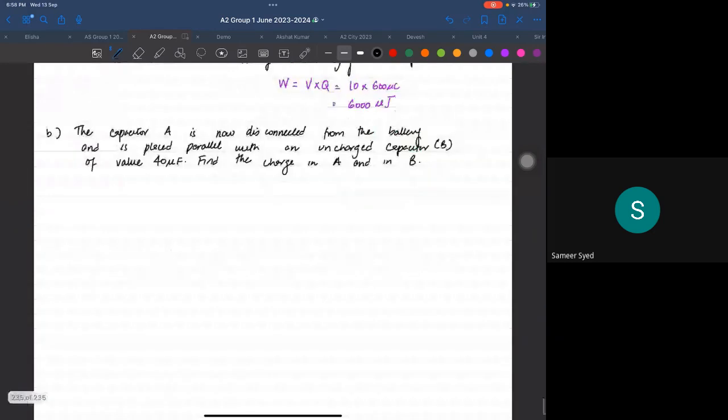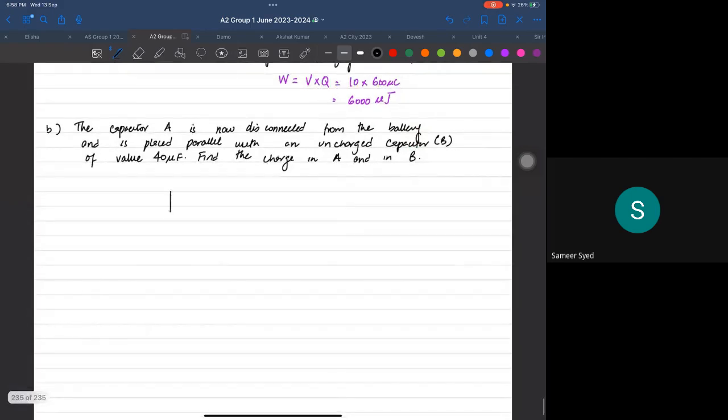They've also given you the diagram. This is the 60 microfarad A, which is fully charged right now. B is uncharged, which is 40 microfarad.